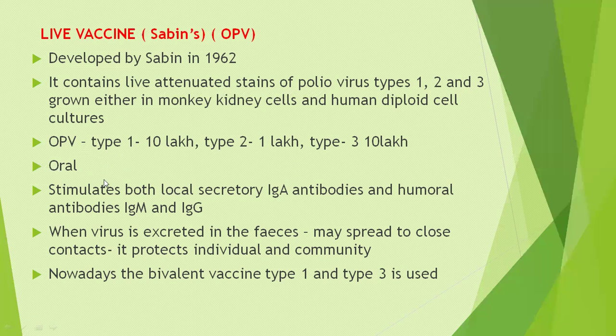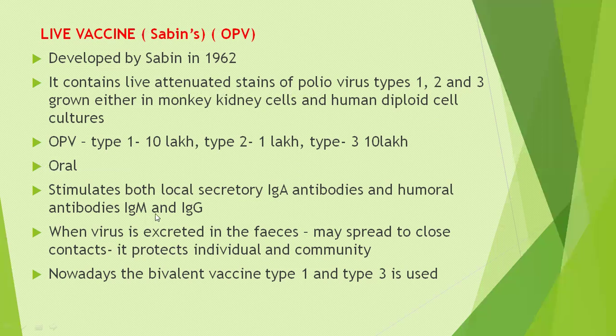And what is the main advantage of this vaccine? The main advantage is that it produces local immunity, which means it produces local secretory IgA antibodies, and humoral antibodies, that is IgM and IgG, are also produced.